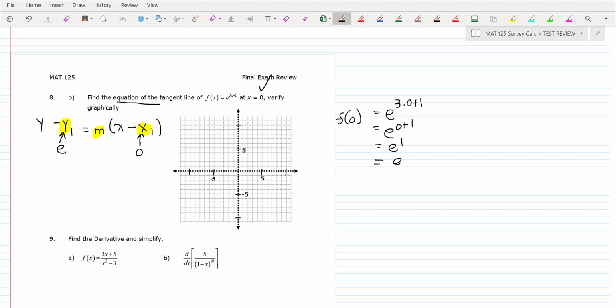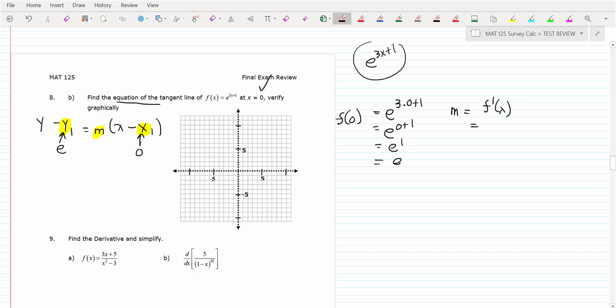Okay? All right, how do you find the slope? What do you have to do? Derivative, right? The slope is the derivative of that function. Okay, that's what a derivative is. It's a slope of a tangent line. So we got to do the derivative of e to the 3x plus 1. How do you do the derivative of e to a power? Two things.